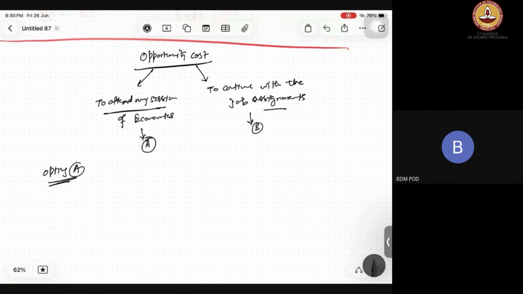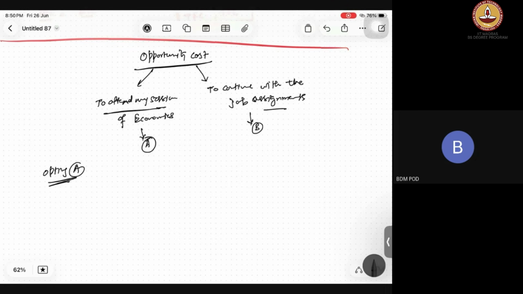If you are working on a data science project, you are working on multiple projects in a company. But it is not possible to do all the projects with the same efficiency.